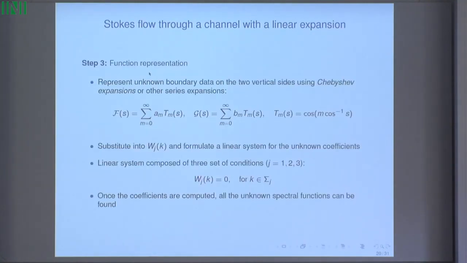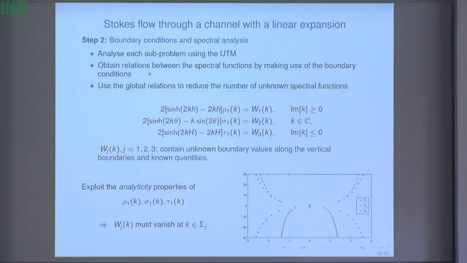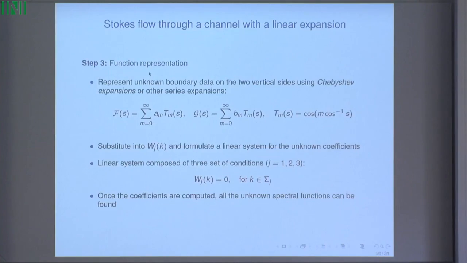Let me emphasize again that the right-hand sides contain the unknown boundary data along the vertical edges, which connect the three subdomains, plus known quantities. So we represent these unknown data along these vertical sides by Chebyshev expansions or other series expansions.